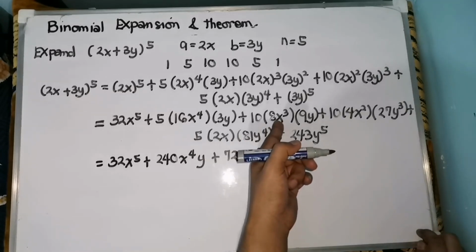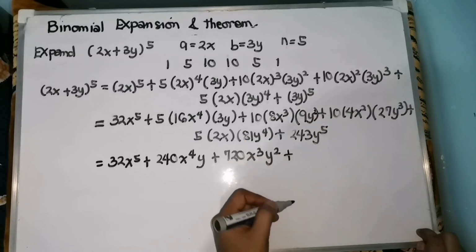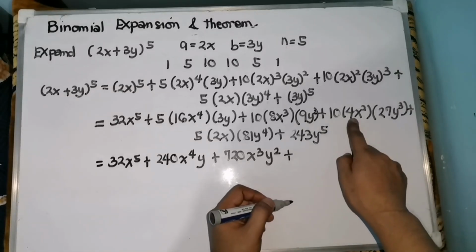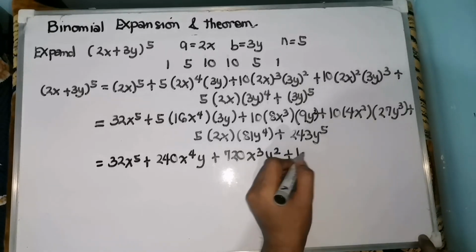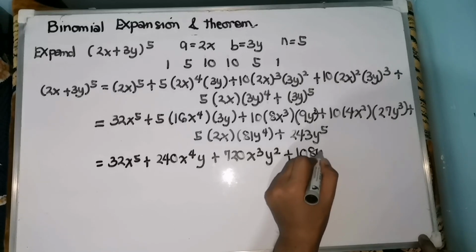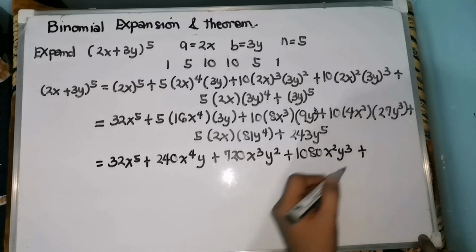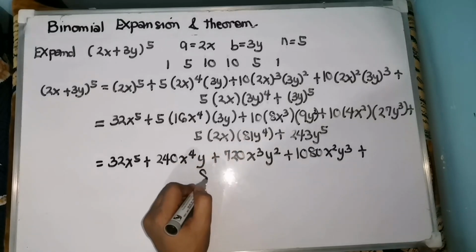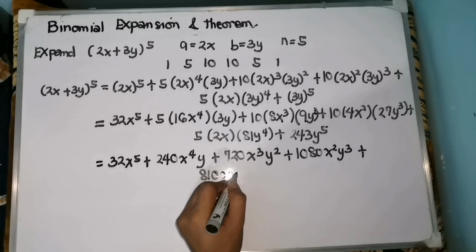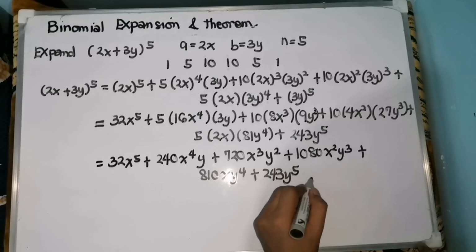Again, I forgot here to write squared. Then plus 10 times 4, 40, times 27 is 1080 x squared y cubed, plus 5 times 2 is 10, times 81 is 810 x y to the 4th, plus 243y to the 5th.